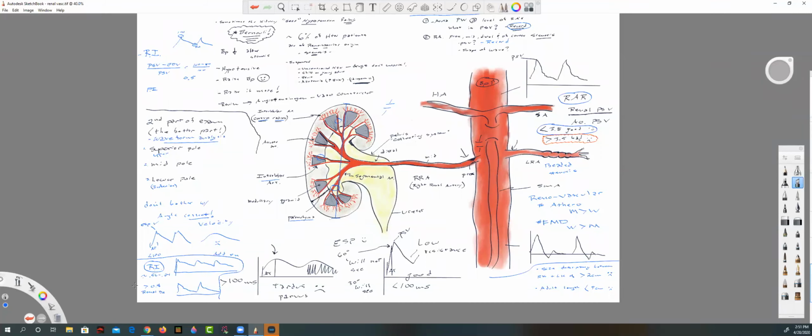I don't know, because it's already such a low resistance to begin with. Certainly if you're at 0.4, that would be suspicious, because the difference between peak systole and end diastole would be so little, it'd be practically steady state flow at some point.